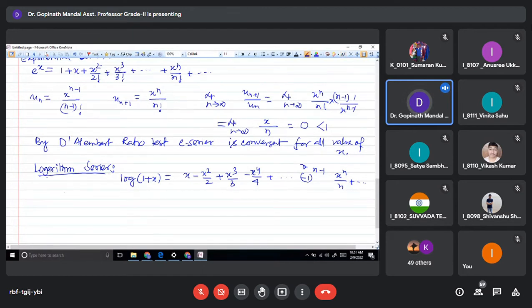So we find the convergence interval, in which interval the series is convergent.